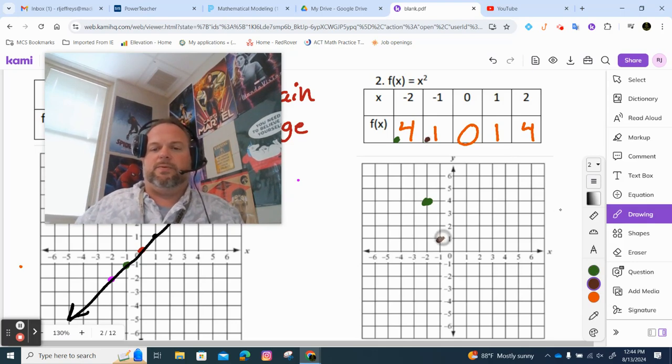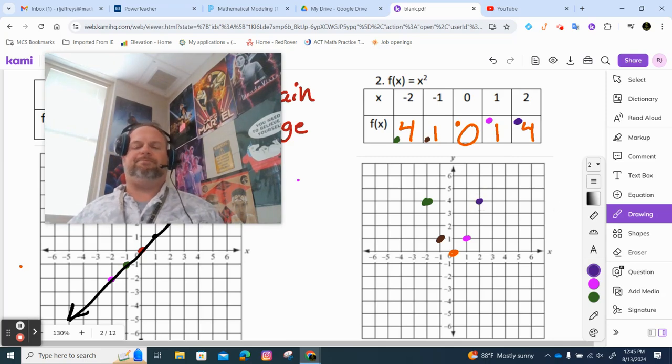Over 1, up 1, because it's negative, then whoops. And then 0, 0. And right here. And then this purple, 2 and 4.